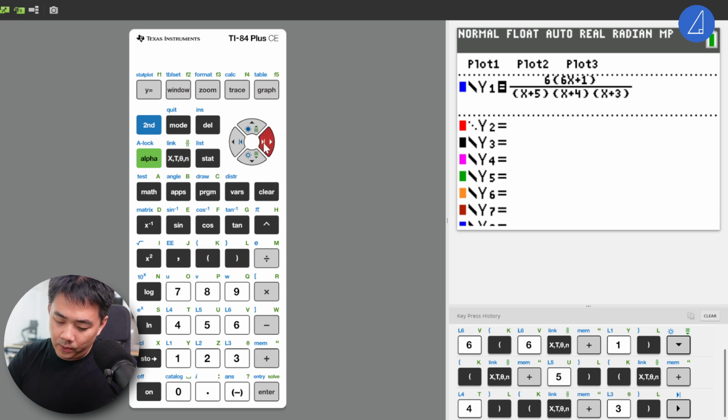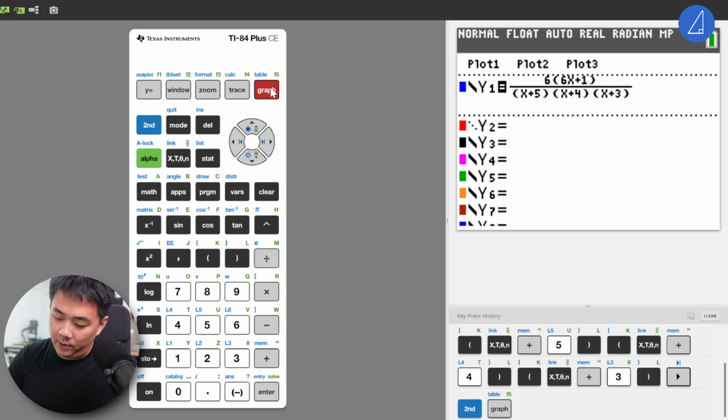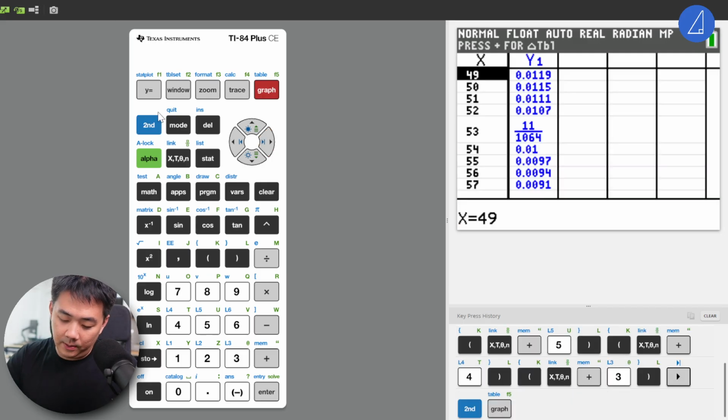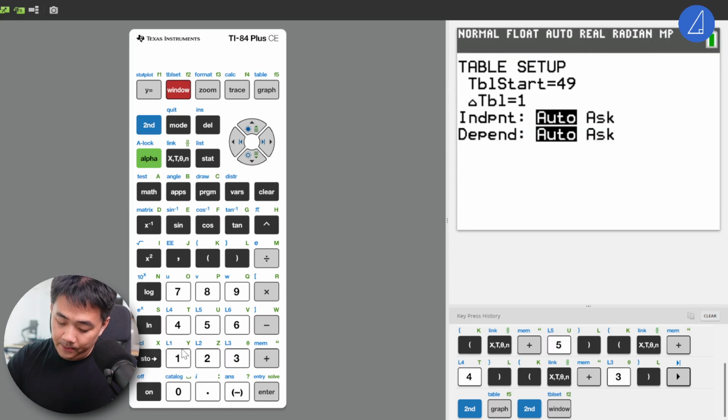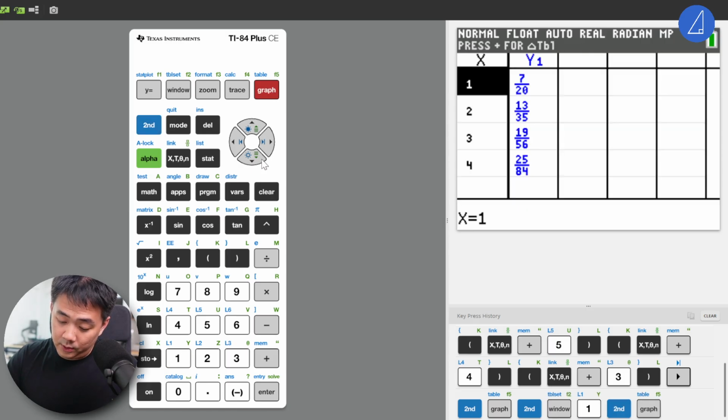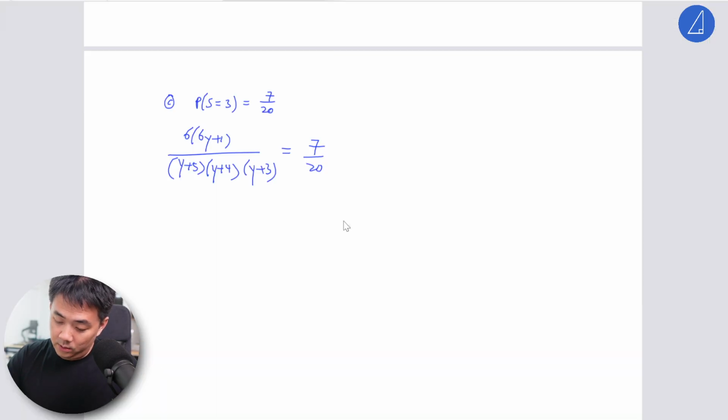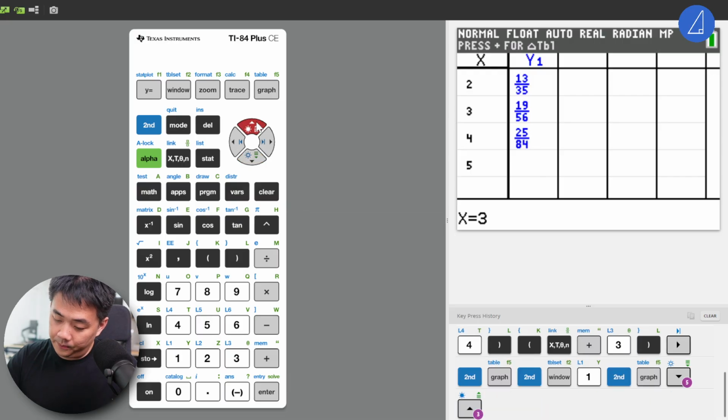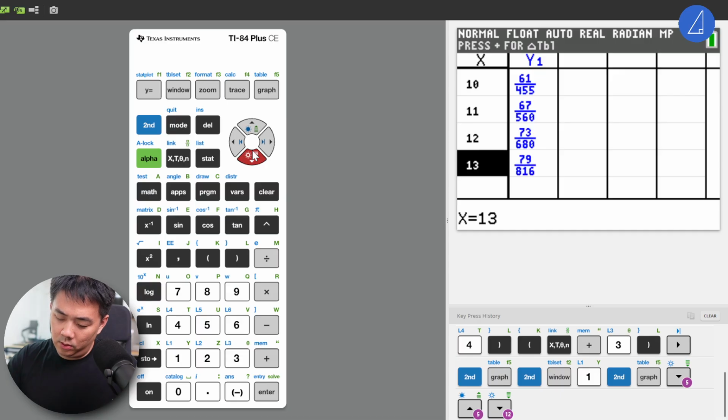Okay, then you can just go to table value. So this is too big. Table set is to reset it, reset to 1. Then you just go down and see which one will give you a fraction of 7 over 20. There you go. Number 1, y is 1. 7 over 20, yeah, y is 1.